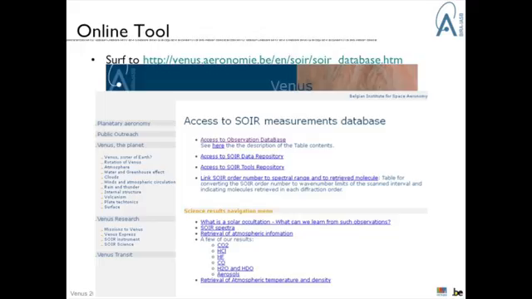Now, how to access the data? The easiest way is to go on our website, and then you will have access to the observation database. I will show you access to the SOIR data repository and some tools.